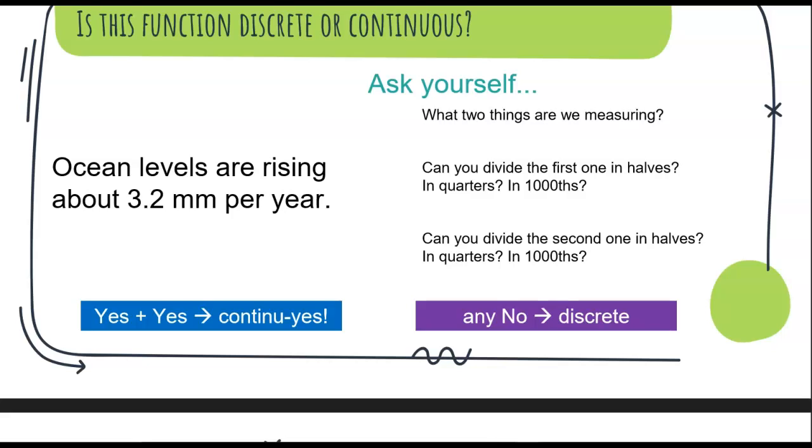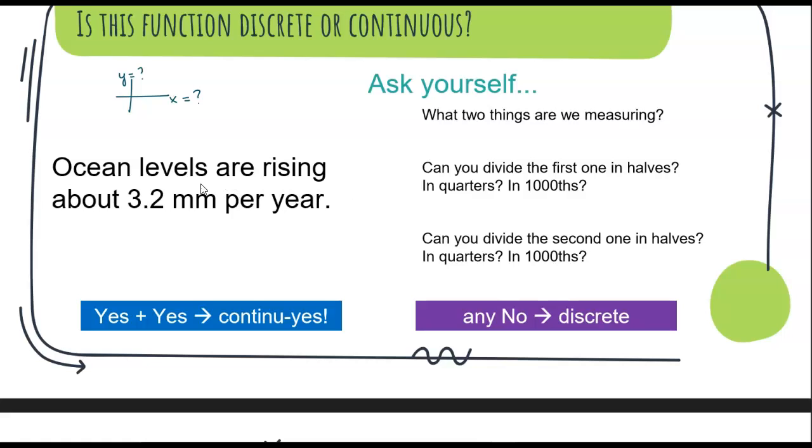So the first thing we'll ask is what two things are we measuring? When we're talking about functions like this, there are things that we put on a graph, right? Something like this. We have an x-axis and a y-axis. These axes represent something in our function. And so that's what this question is asking. What is this x representing, and what is the y value representing? What two things are we measuring?